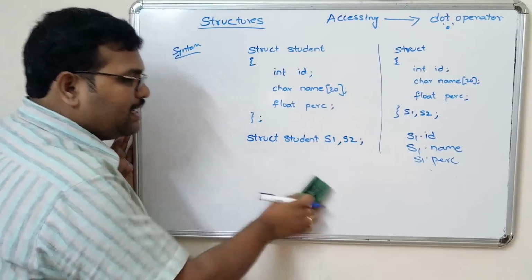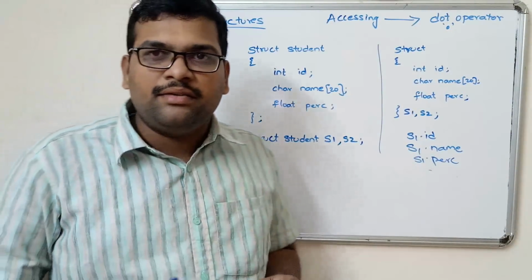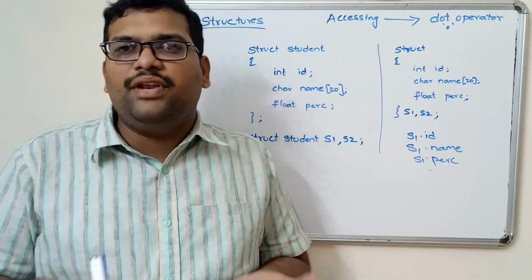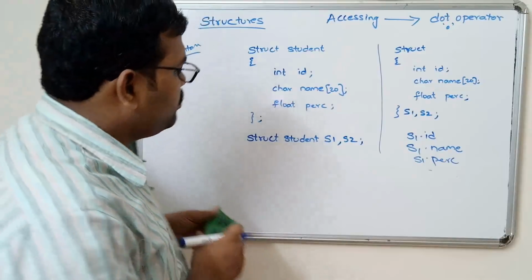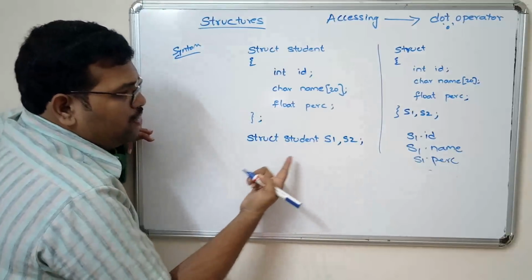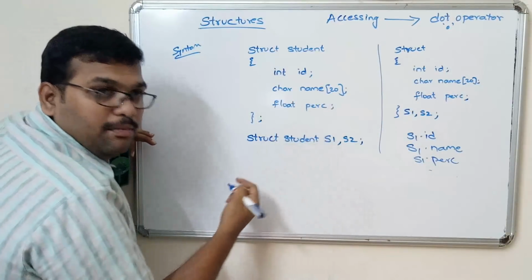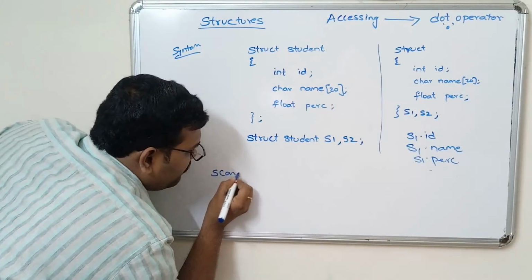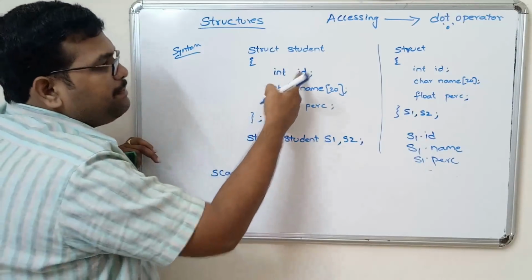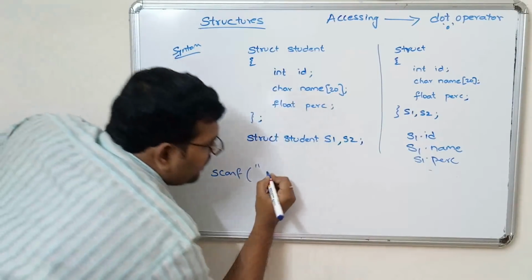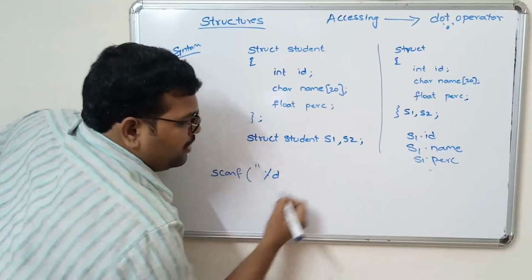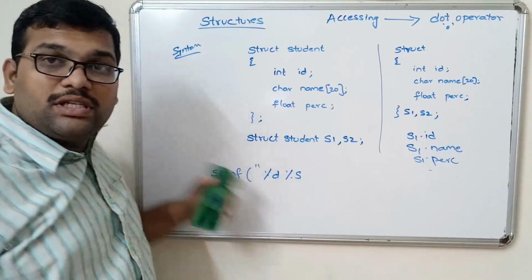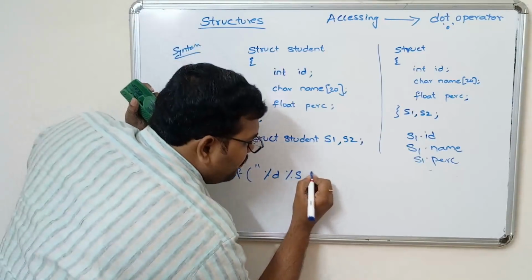And now let us see the runtime initialization. Runtime initialization is also similar. By using the scanf we will initialize the values. If you want to initialize this S1 variable at the runtime, scanf, percentage D, as it is an integer data type. Next, name. We can use percentage S for reading the name.